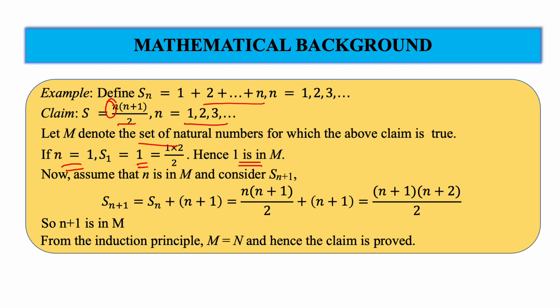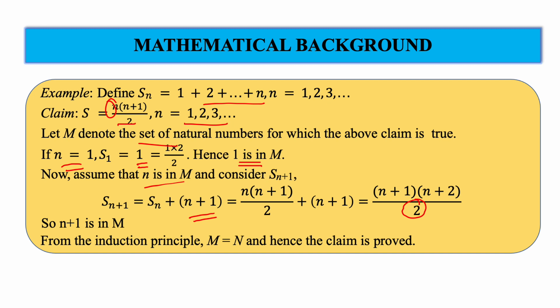Now assume that n is in M and consider n plus 1. Then S_(n+1) is S_n plus (n plus 1), which can be written as (n plus 1)(n plus 2)/2.